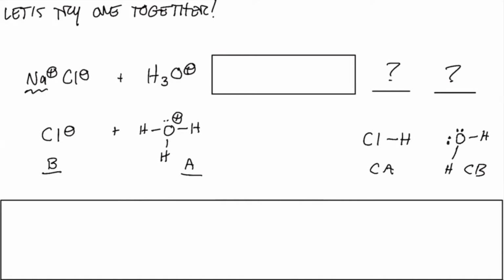When we do arrow pushing in an acid-base reaction, what we're trying to show is how the base picks up the proton. This can be a little bit confusing to some students, so I want to clarify that arrow pushing is really just here to show the motion of electrons.